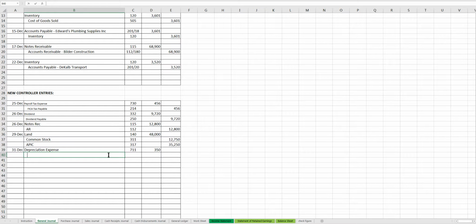And we're going to credit the accumulated depreciation, the lifted truck.